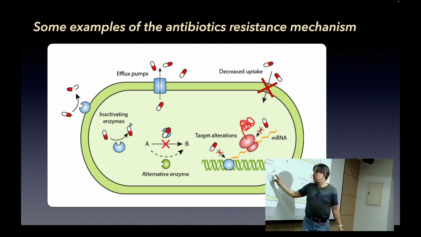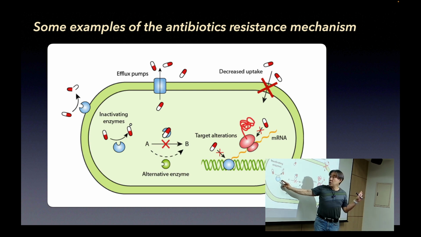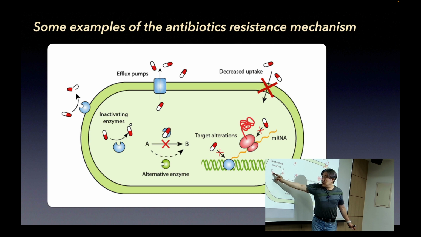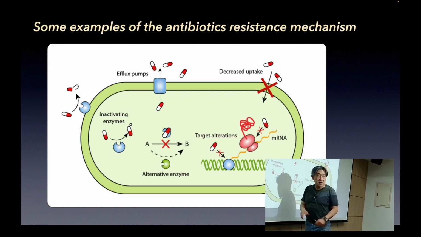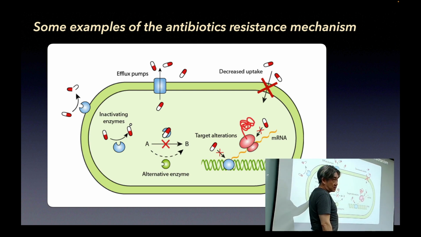And some other times they even create a whole new, non-existing enzyme which can actively destroy the antibiotic. Actually, this is the case for penicillin resistance. The mutated version of the enzyme will actively destroy this penicillin.